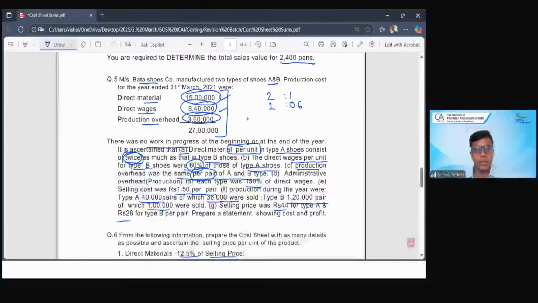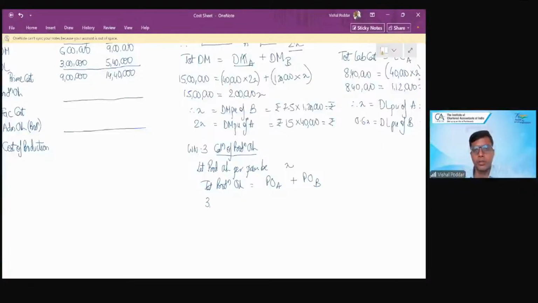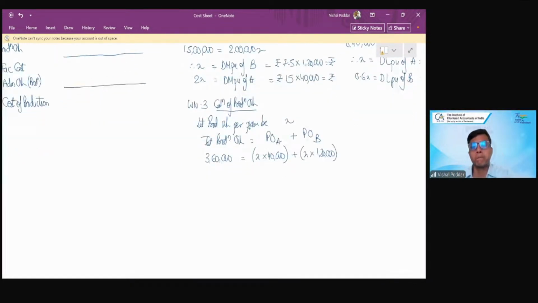How much it is? 360 X. Correct, no? Because it is same per pair. So 40,000x plus 120x is equal to 160x.